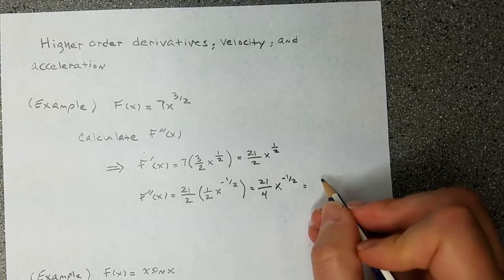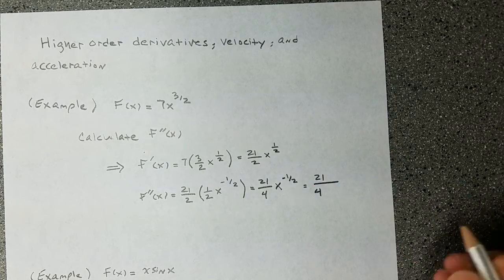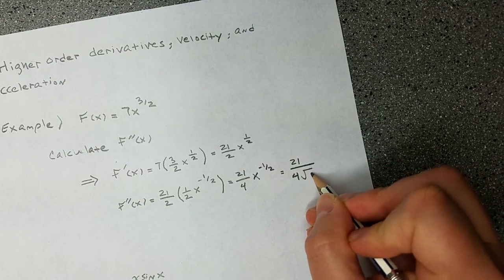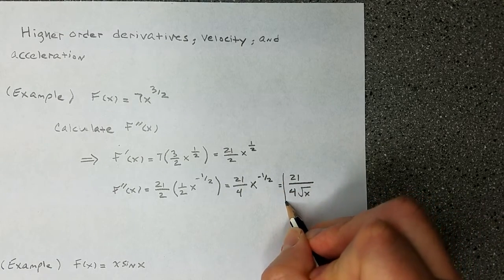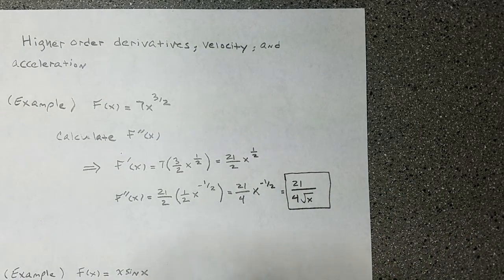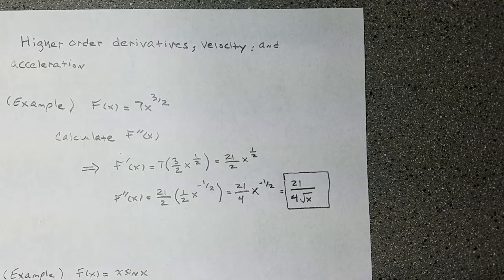So let's say, let's give our final answer like this, 21 over 4. And then down here is going to be x to the 1/2 power, which would otherwise be like so. All right. And then there's your second derivative. Okay, so same rules, but we'll repeat as much as we have to find a higher order derivative, the second or third or fourth or so on.